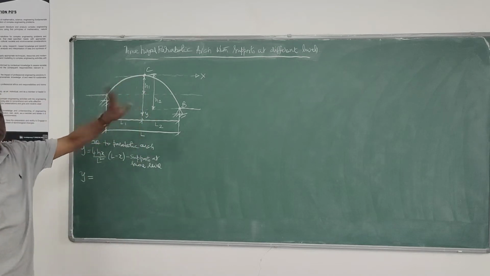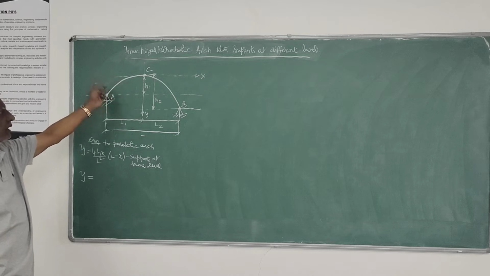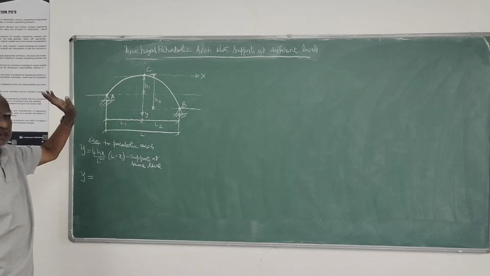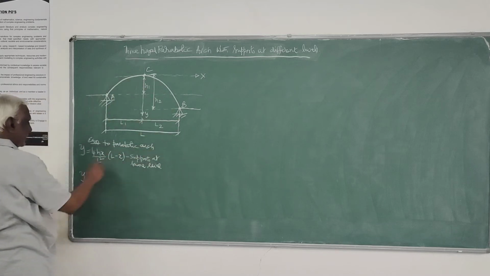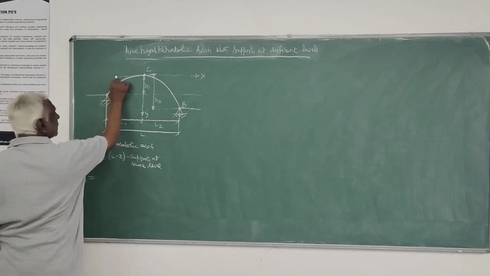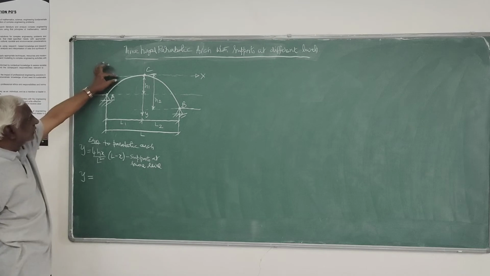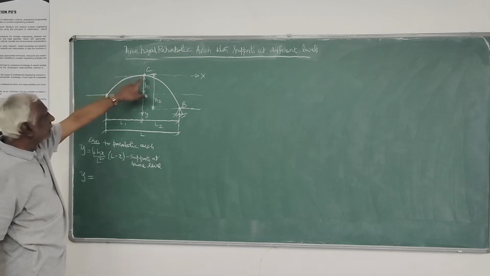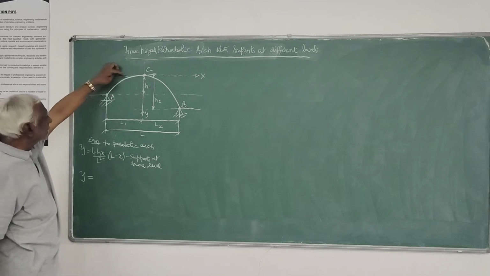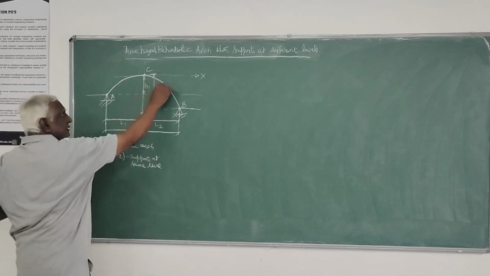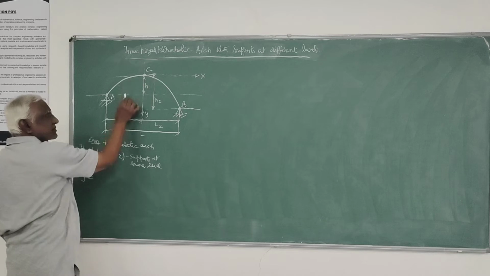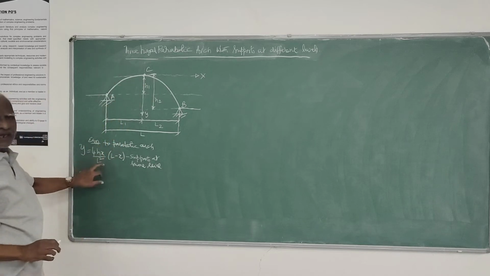So with this arrangement of coordinate axes, in the equation of the parabola, the distance y is measured from here, because that is the origin we have chosen. The vertical distance is this distance, not this vertical height as we have here.